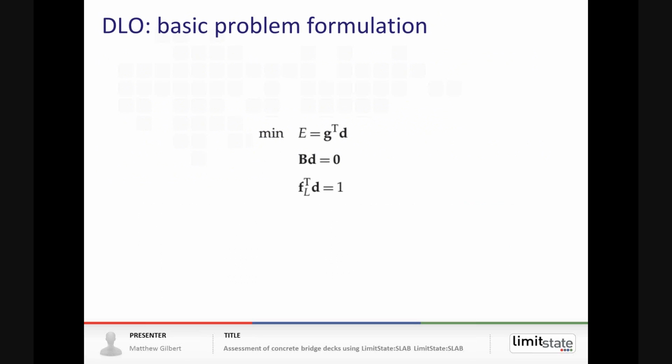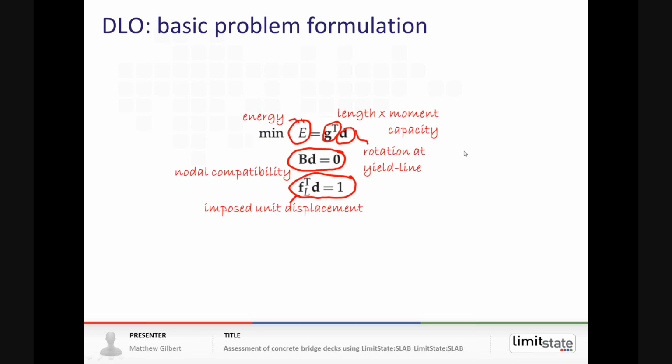In terms of the mathematics, what we're doing is minimizing energy, for example minimizing the energy associated with the internal work done along the yield lines. That's the sum of the length times the moment capacity times the rotation of all yield lines in the slab, subject to nodal compatibility constraints, which we'll look at in a couple of slides.